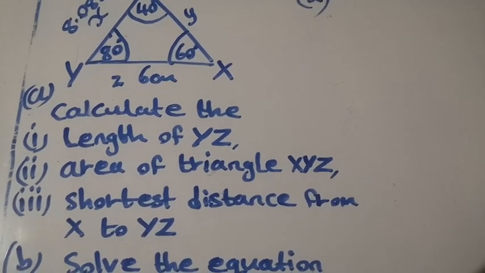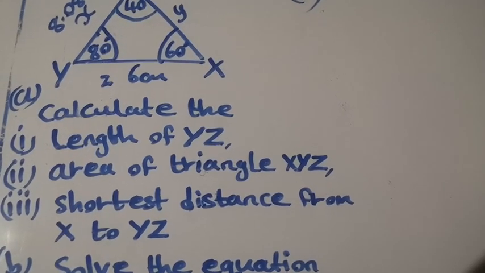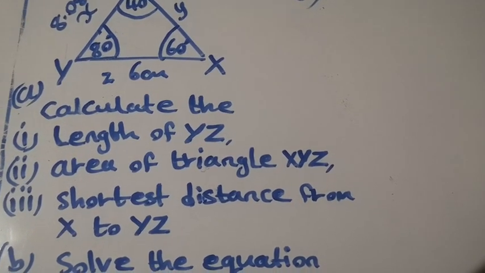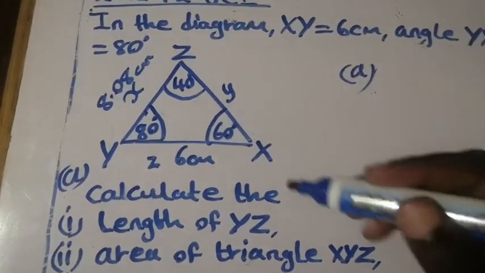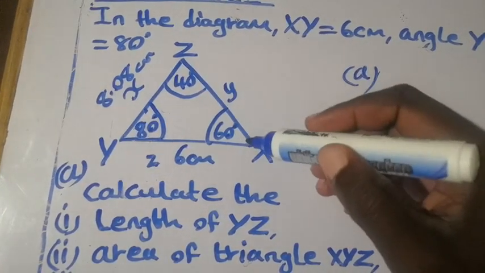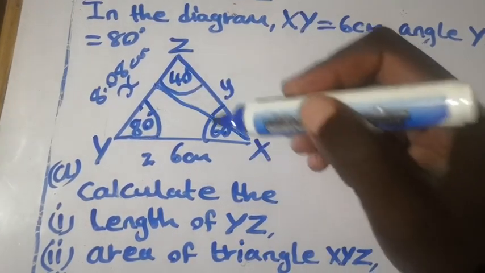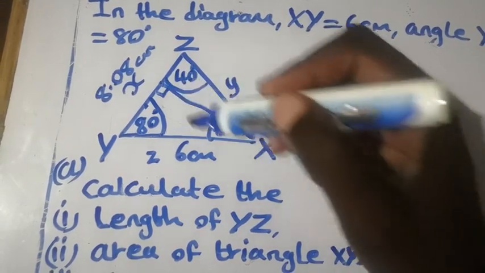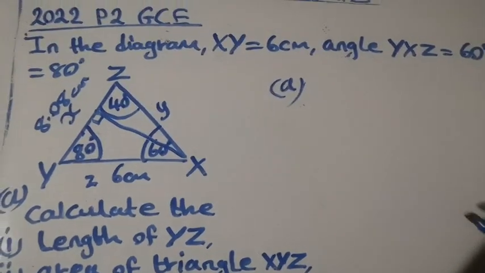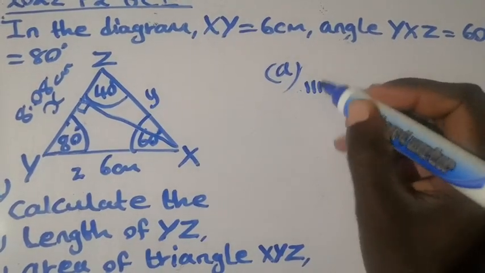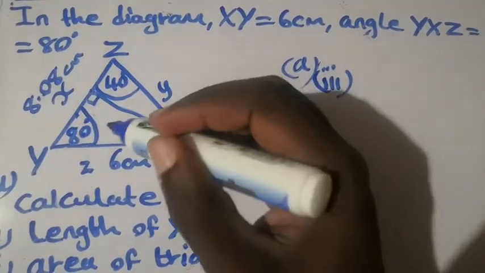Question 3. Shortest distance from X to YZ. The moment we do that, we introduce the right-angled triangle.